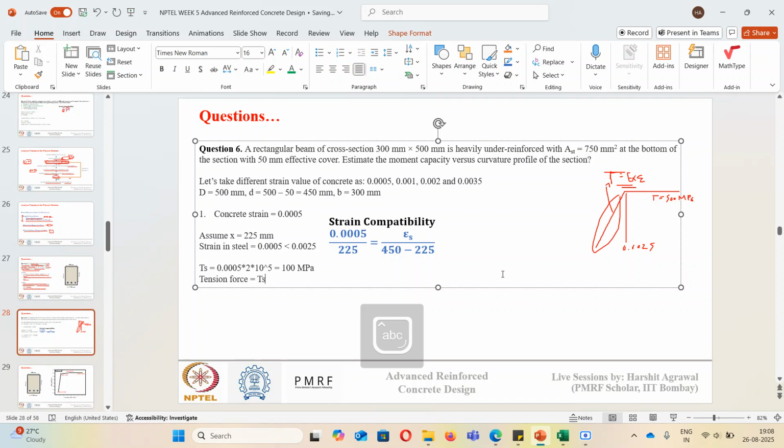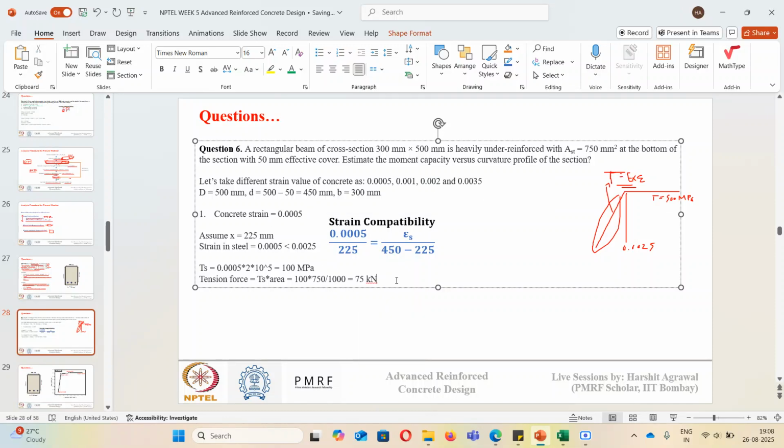Ts times the area of steel, and we know the area of steel is 750 mm squared. So 100 into 750, and for converting it into kilonewton I will divide by 1000. So I will get 75 kilonewton. This is the tensile force that the steel is offering at this strain value.